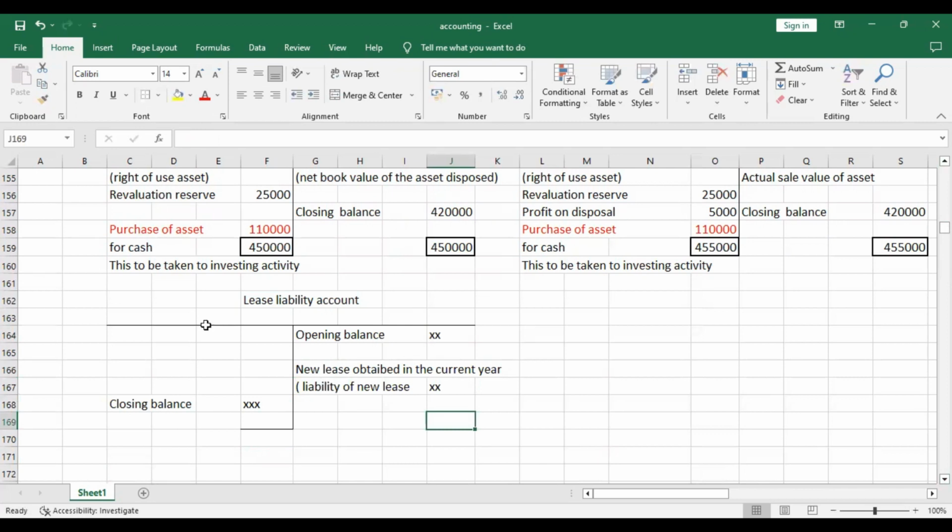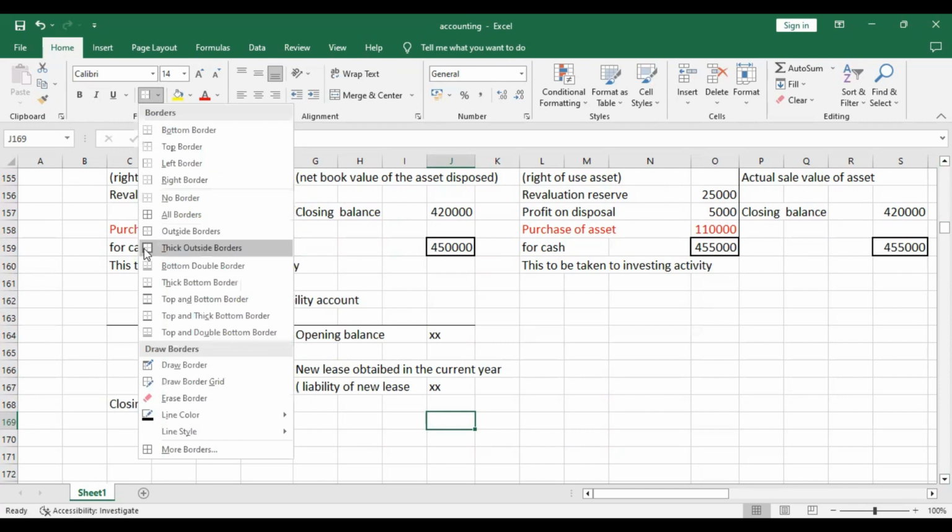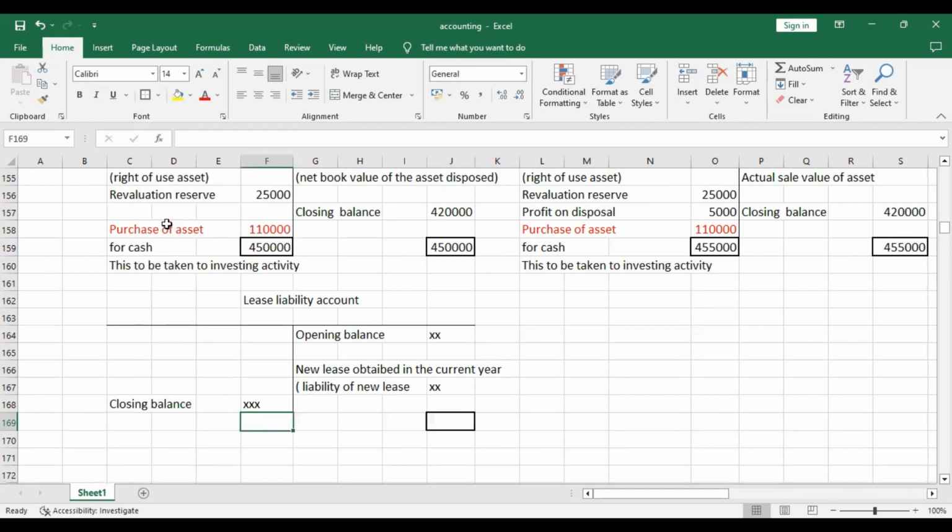Then make the totals. Most of the cases, no other information will be there. Then whatever the balance is there on the debit side is called lease liability paid.